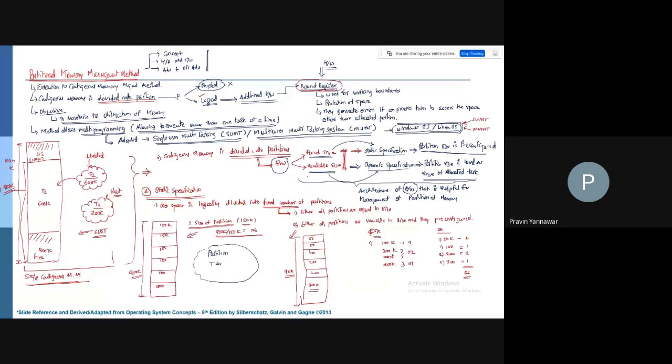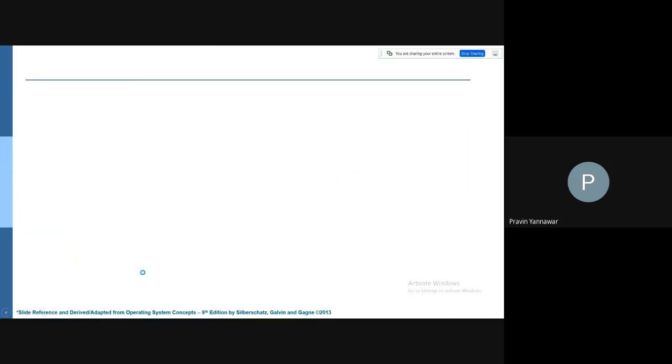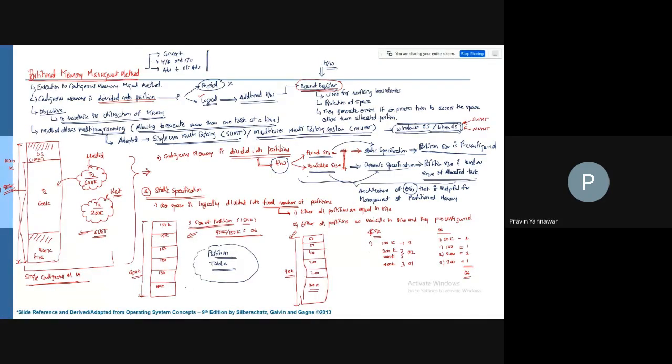Usually this partition table has a tuple structure, something like this. That is partition number, or say partition ID. Then size of partition.